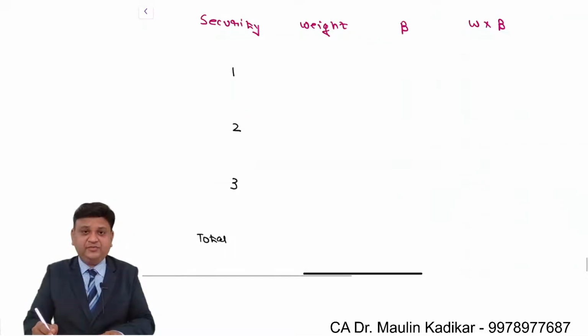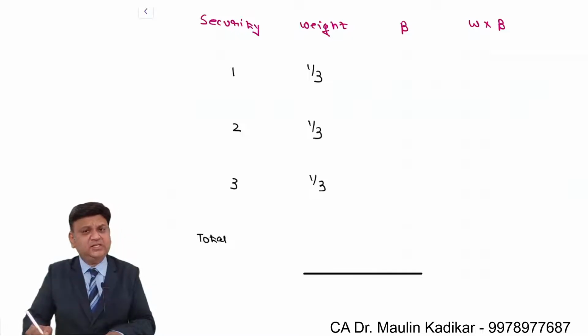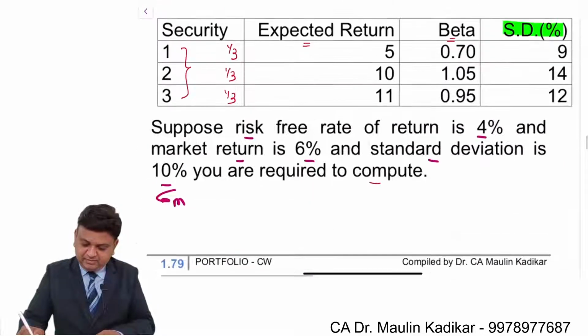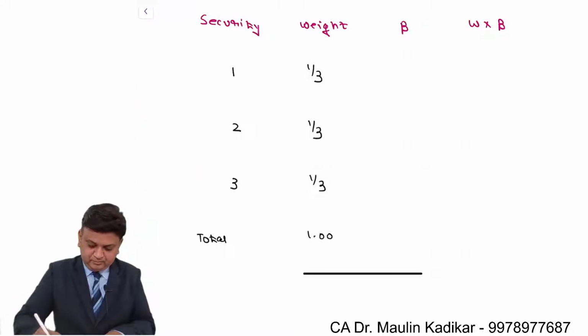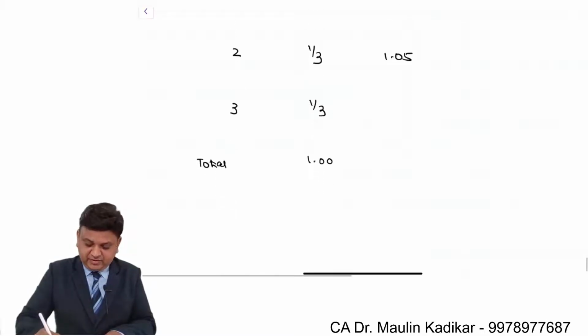The proportion in which we have made investment is 1/3, 1/3, and 1/3, because there are three securities and an equal amount is invested in each security. The total is 1. Multiplied with the beta. What is the beta? Beta is 0.70, 1.05, and 0.95.